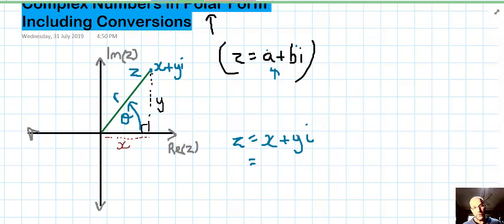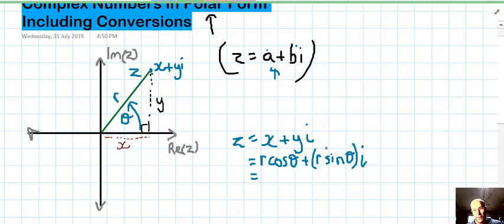So from work to do with the unit circle, trigonometry, and two-dimensional vectors, x is r cos theta, so I'll just write that down there. y is r sin theta, and it's got an i operator on it, so write it like that. r, I should say, is a factor of both of those terms.